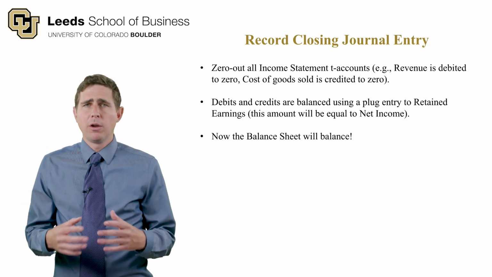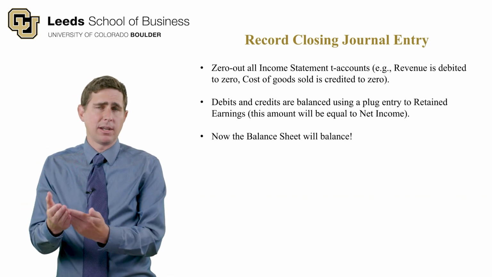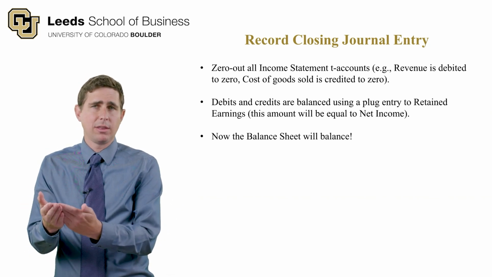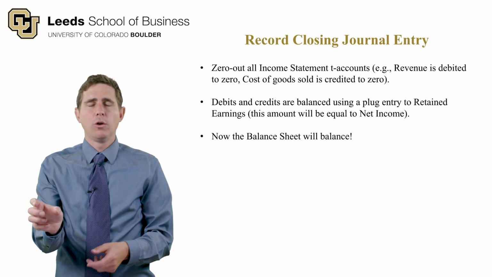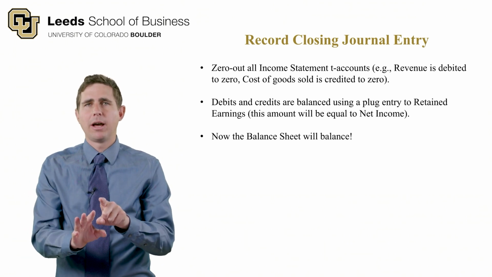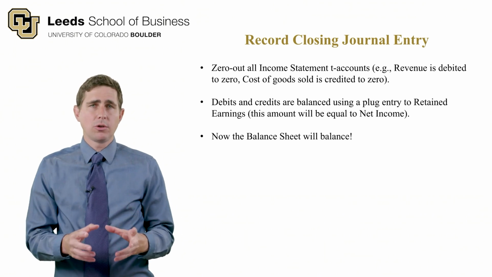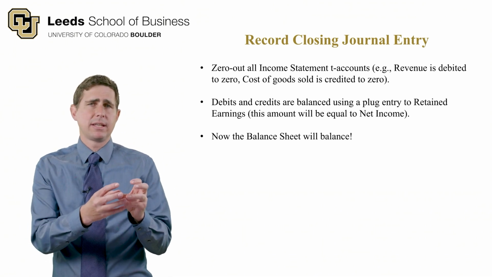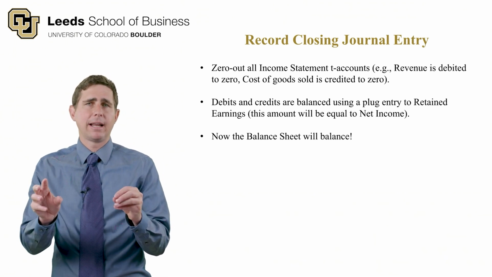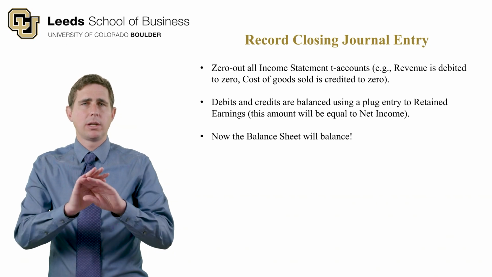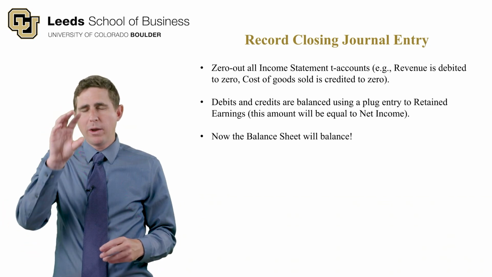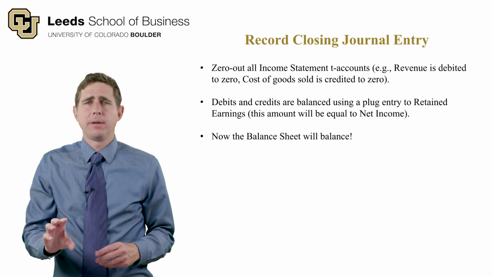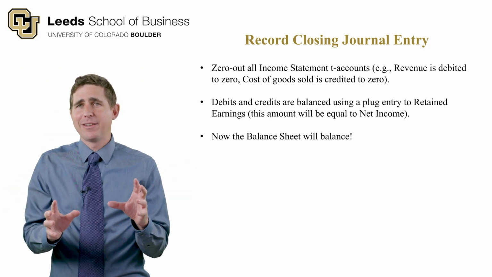For example, revenue has a credit balance in it, right? When we have revenue, it increases with a credit. Now we've got a credit balance in our revenue account. We need to debit that account to zero it out. Cost of goods sold is holding a debit balance because it's an expense. We need to credit that account to zero it out. Now, when we do that in a single journal entry, that journal entry is not going to balance debit for credit.